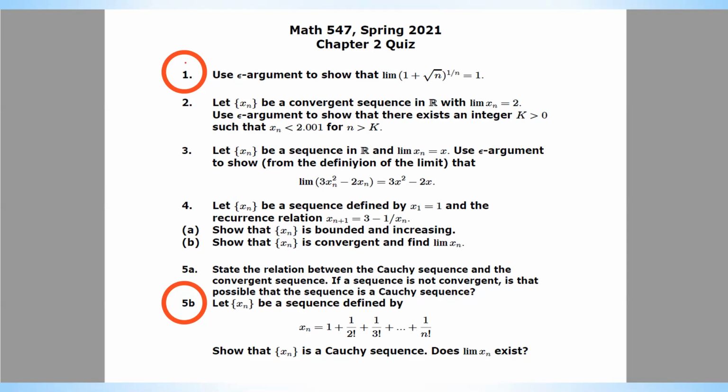Now, the first one is a variation of the exercise problems. I'm going to explain to you the important detail here. For this problem, the only difference is that n is replaced by square root n. This makes some change of detail in the proof.